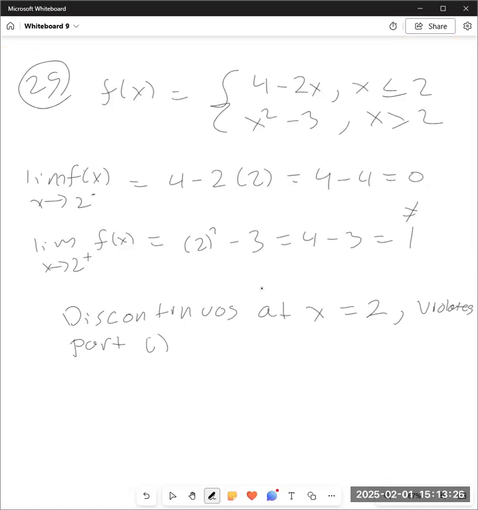The function value exists. There is a limit from the left and a limit from the right, but they don't equal one another, so the limit doesn't exist. And this is called a jump discontinuity at x equals 2.